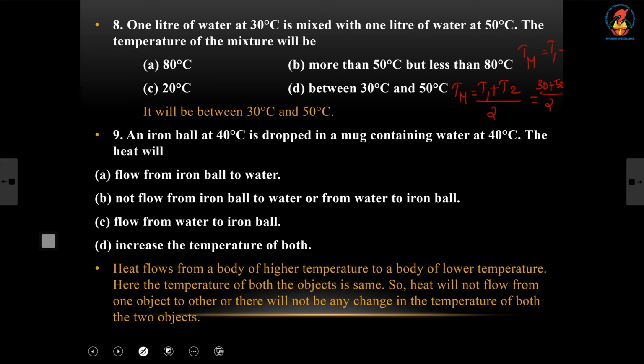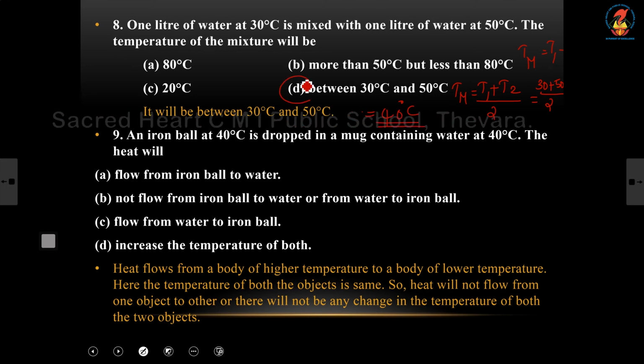That is 80 by 2, which is equal to 40 degrees Celsius. This is the answer. So, which one is the correct option? Between 30 and 50 degrees Celsius.